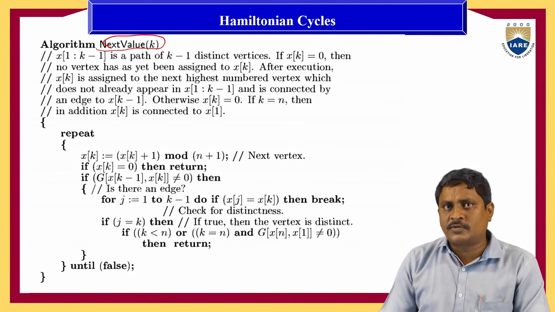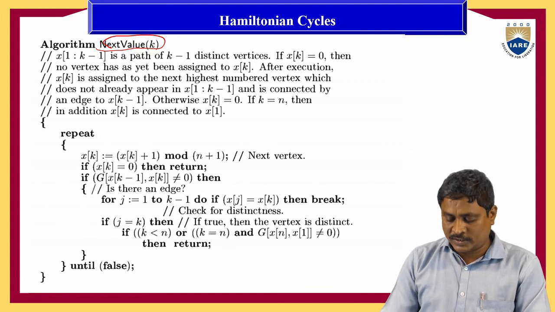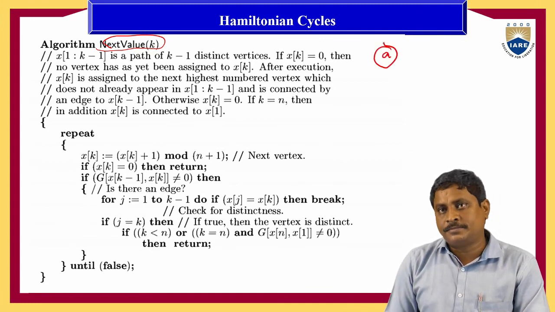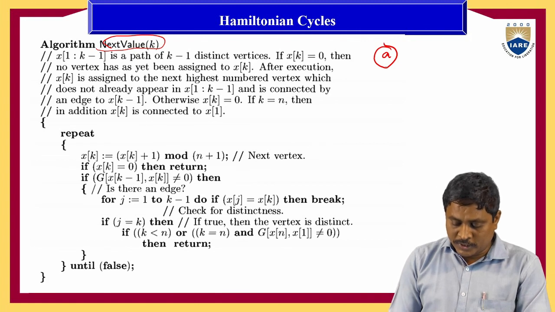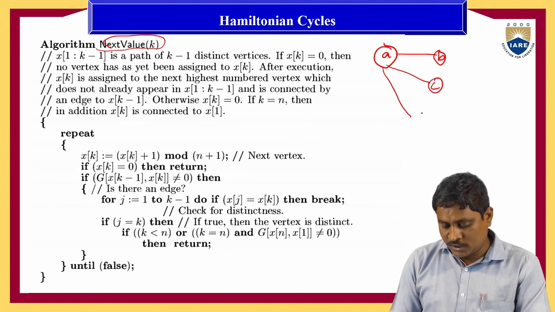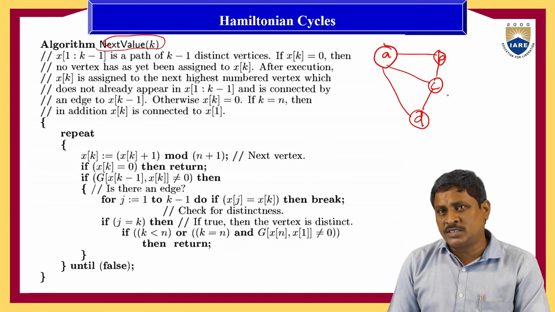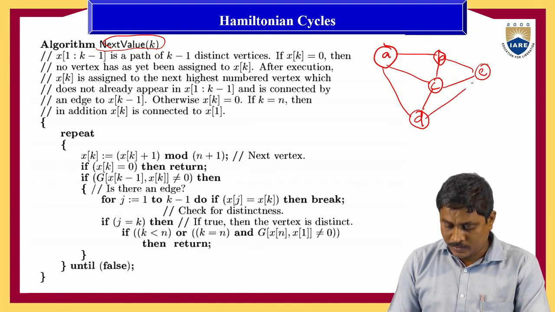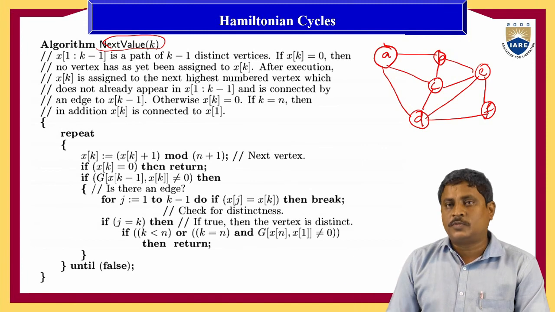For example, here we take the graph like this: A to B, A to C, C to D, B to C, C to D, E, F. Suppose we take this graph.